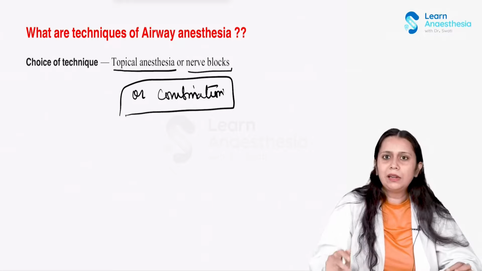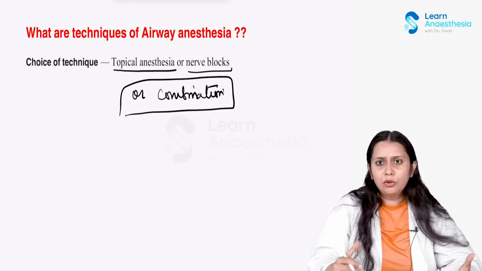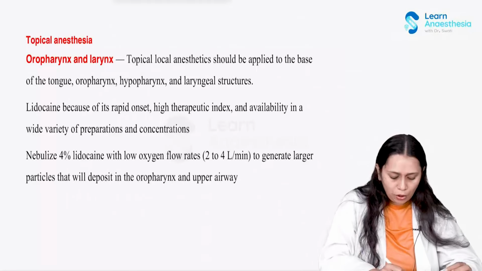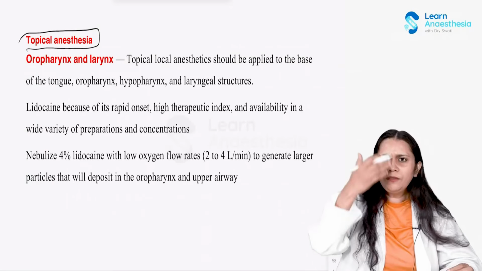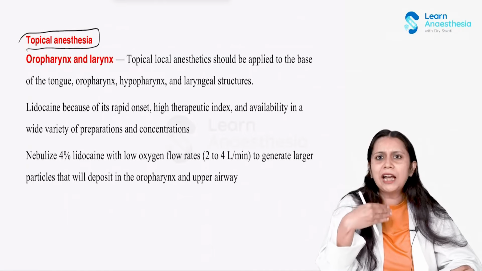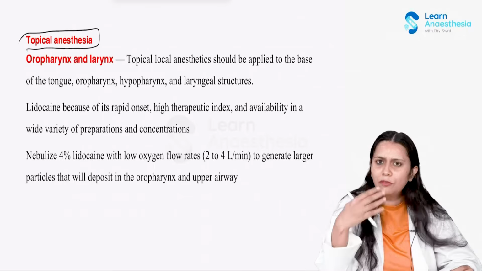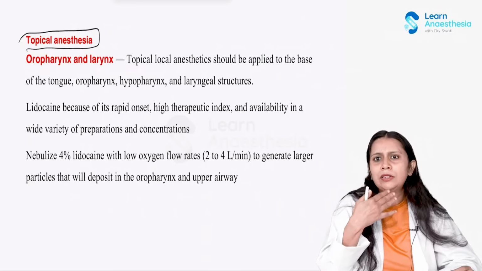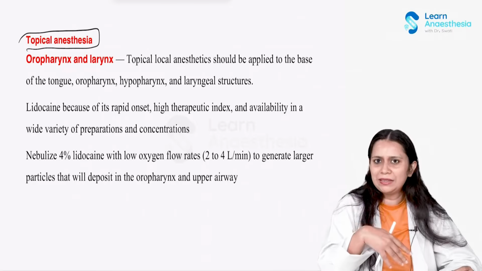So first I will discuss how we anesthetize the airway topically. When we are doing awake fiber optic, we have to anesthetize the entire path our device will pass. For oral, the oropharynx, the larynx, and the trachea have to be anesthetized.